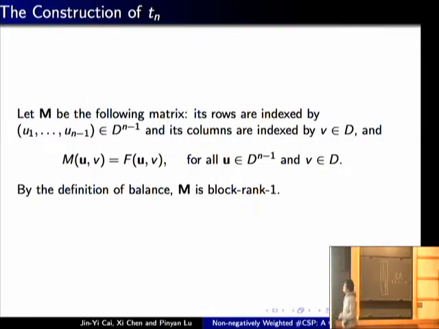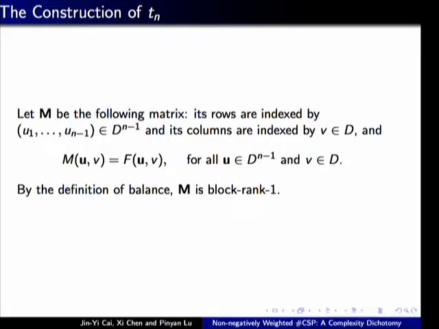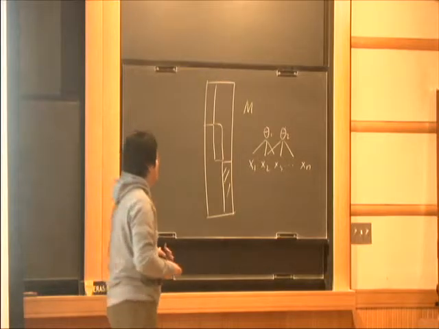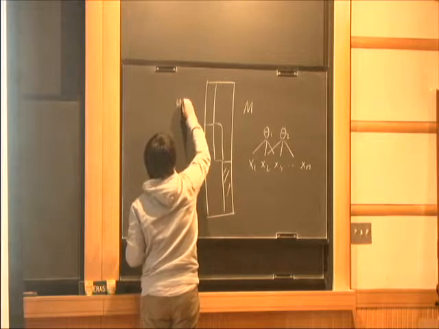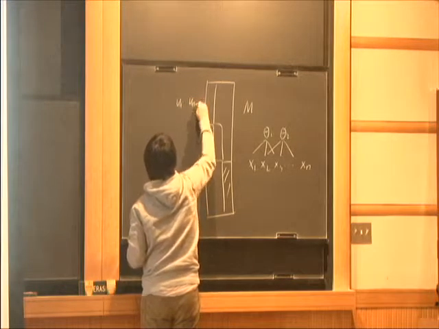So let's start with the construction of T sub n, the simplest one. The idea is we're going to look at the following matrix. Let's call it matrix M. The rows of this matrix are indexed by all these n-1 tuples.